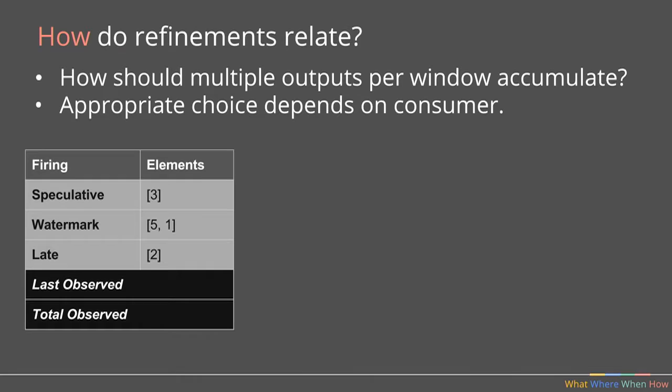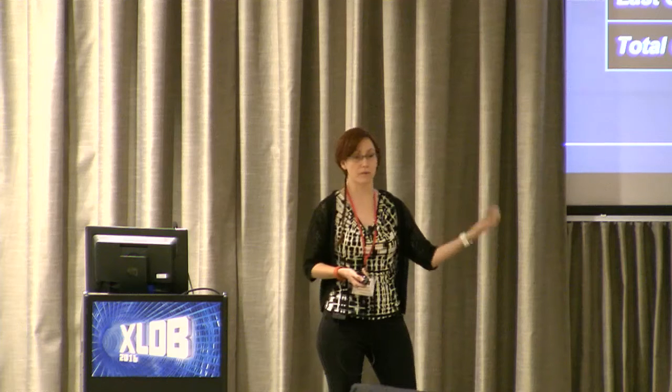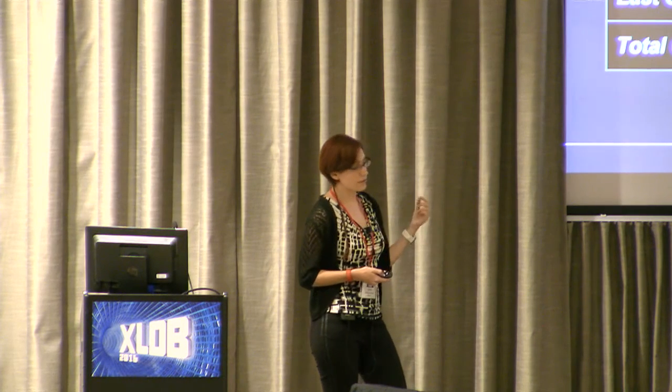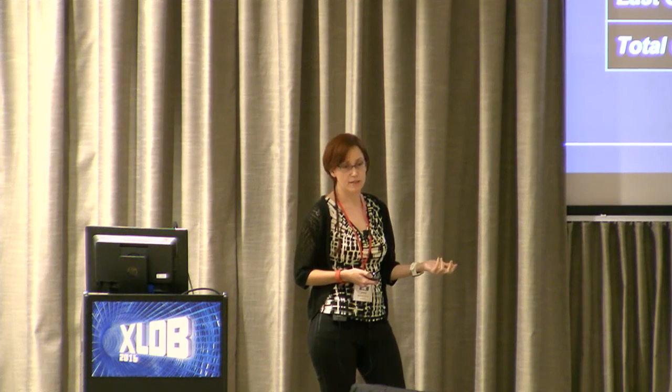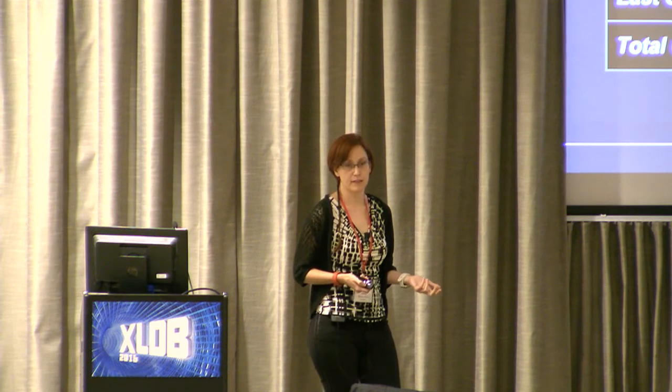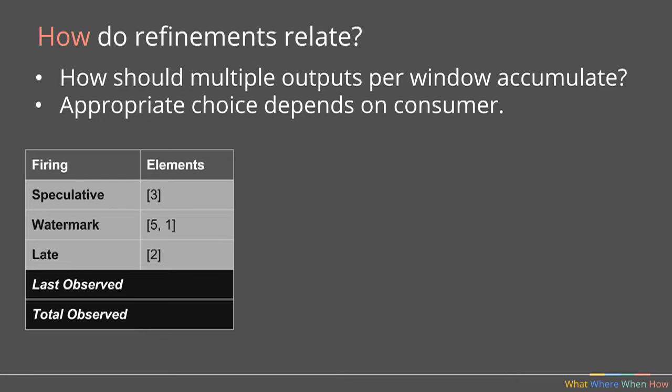So essentially, some of the control knobs that are interesting are what we do when the data is late, when data is early, and when we want speculative results. We have a number of tuning knobs for this, and they're all application specific. Imagine that we have this sequence of elements: 3, then at the watermark we get 5 and 1, and we observe 2 as late.